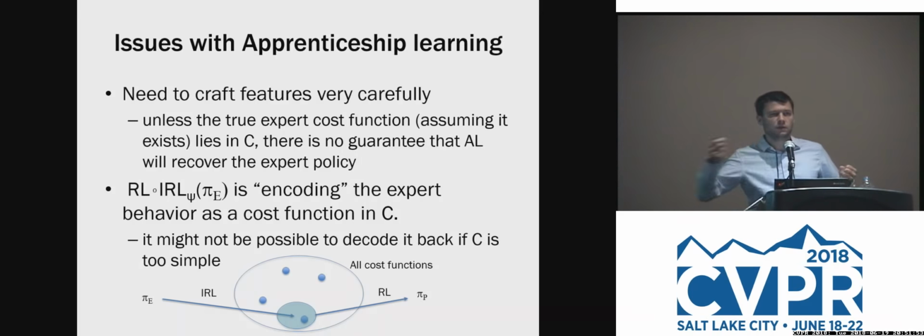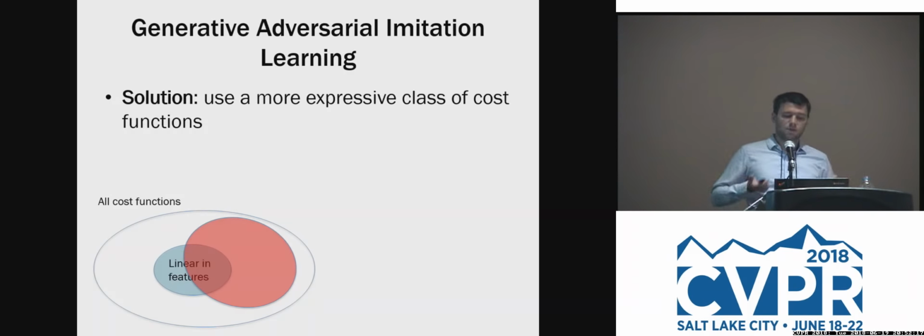And then you're decoding back a behavior when you solve the corresponding reinforcement learning problem. If your codes are too restricted, only allowed to be linear in these features, then you might not be able to do a good job. This autoencoder is too lossy, and you might not be able to recover a distribution that is similar enough to the input data. So the solution is to use a more expressive class of cost functions.